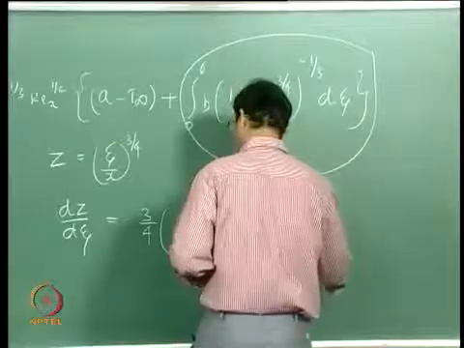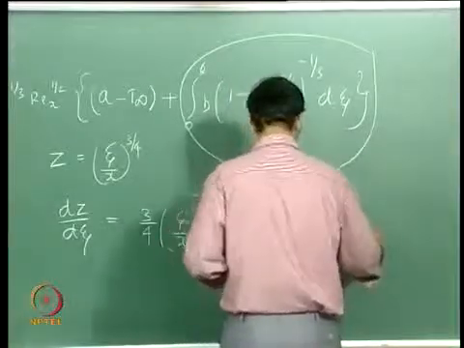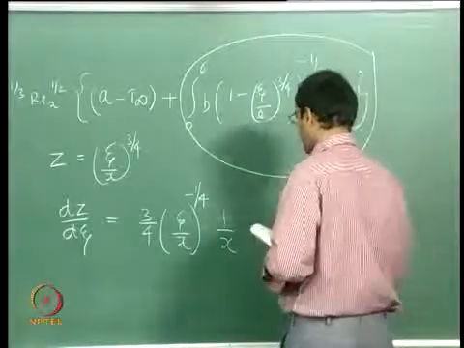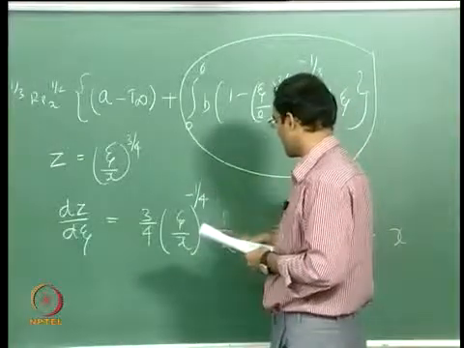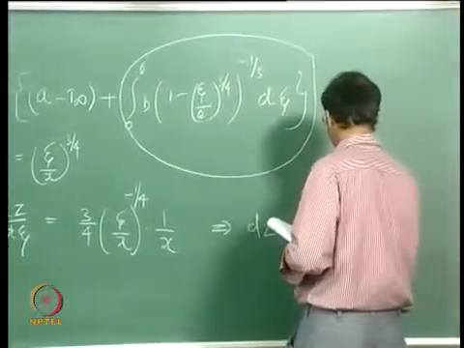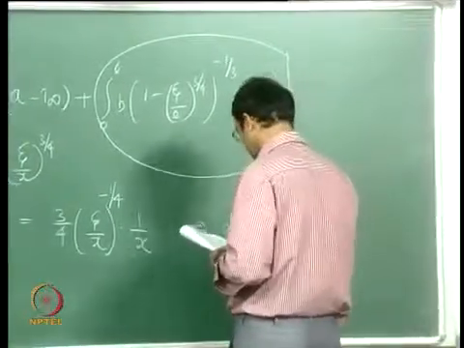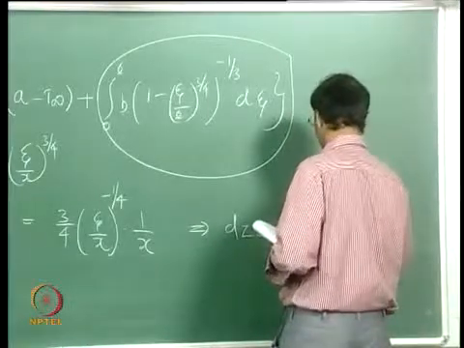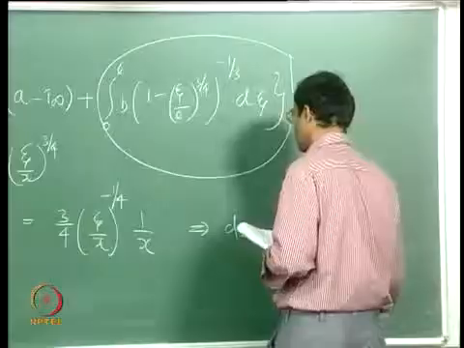So this will give me my dz is equal to 3 by 4 into x power 1 by 4 minus 1, so this will be x power minus 3 by 4, okay, into zeta to the power minus 1 by 4 into d zeta.